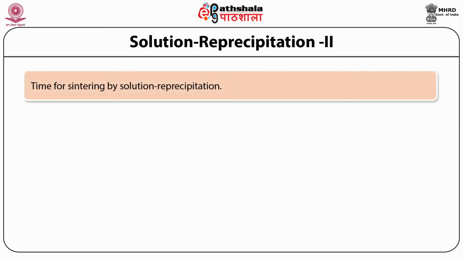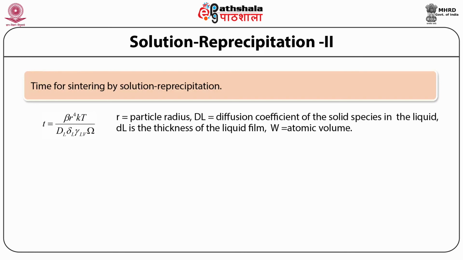So the time required for a given amount of sintering to occur due to solution reprecipitation is given by t equals beta r to the power 4 kT divided by D_L gamma delta_L omega. Here r is the particle radius, D_L is the diffusion coefficient of solid species in the liquid, delta_L is the thickness of the liquid film, omega is the atomic volume.